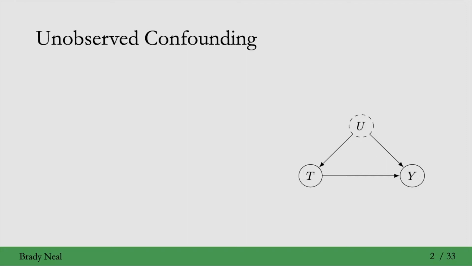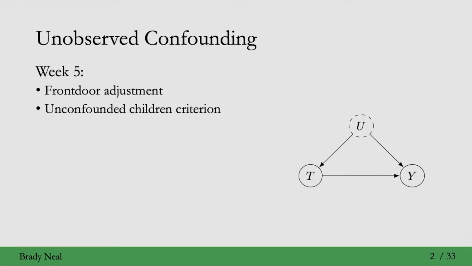So we need to know what to do in that setting where we have unobserved confounding, and we've seen a few different techniques for what we can do. For example, in week 5, we saw that if we have the front door criterion satisfied, then we can use the front door adjustment. Similarly, we saw that we have identifiability if we have the unconfounded children criterion satisfied.